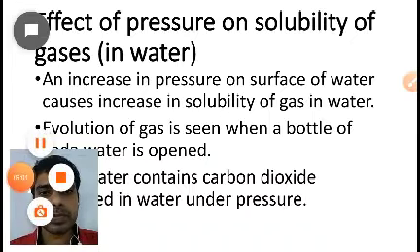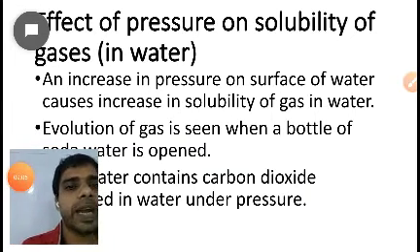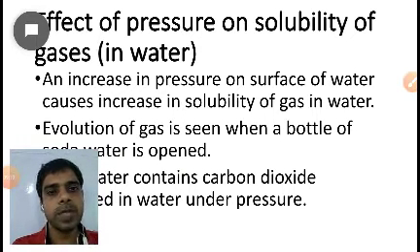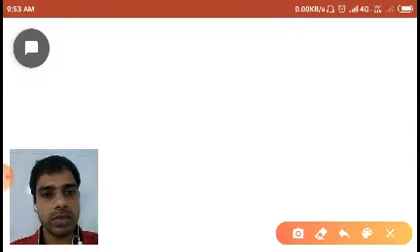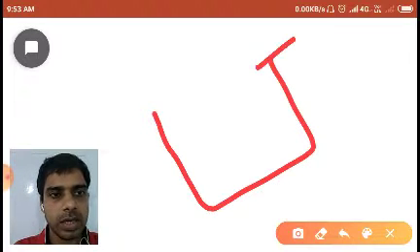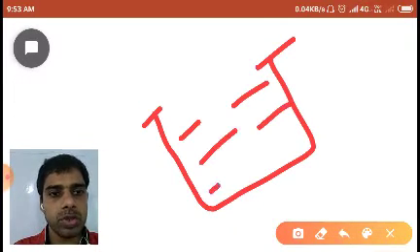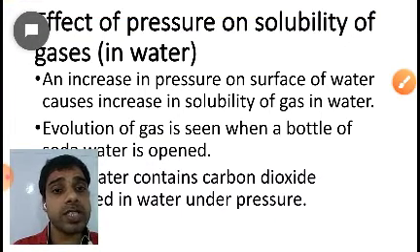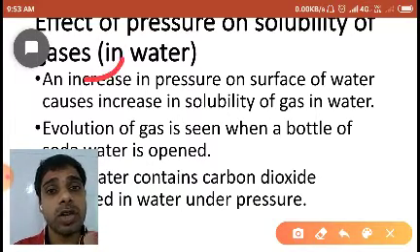Now, the next thing is the effect of pressure on solubility of gases in water. Now, dear student, I will talk about this one. I am not taking that solution.